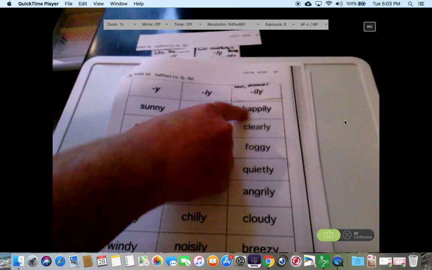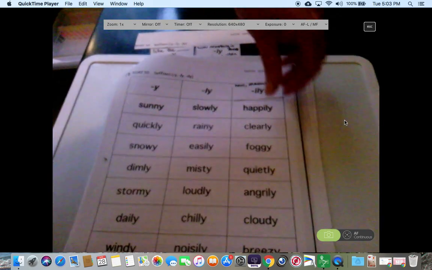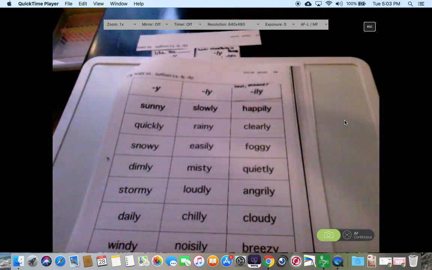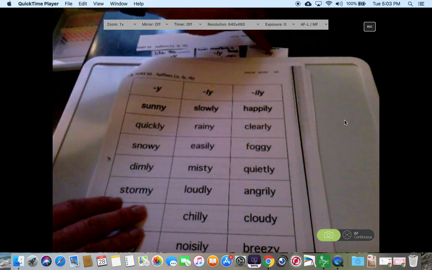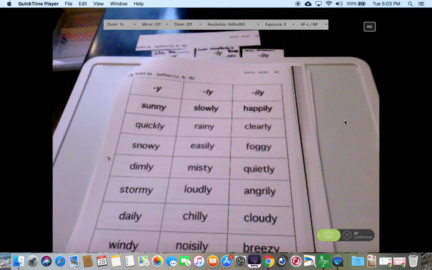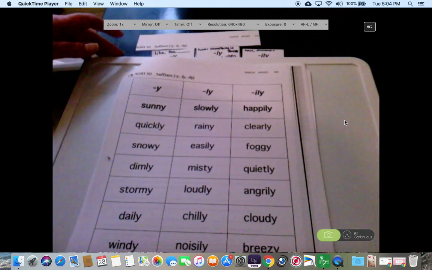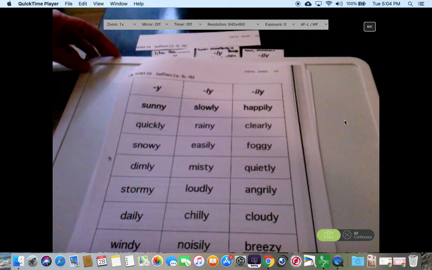She said it happily, meaning if I look at what my base word might mean, she must have said it in a happy way, okay? So that's how you use a suffix. So at this time, boys and girls, I'm going to have you pause the video, cut your words, and sort them where you think they need to be sorted. When you're done, press play and we'll check. So again, pause the video, cut your words, and sort them.